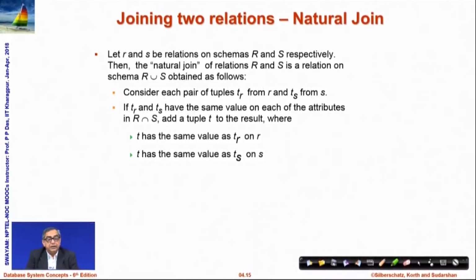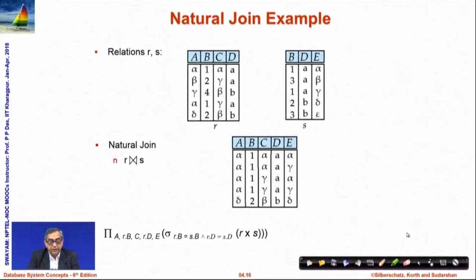There is a nice operation which is a derived one, which can be written in terms of other operations, called a natural join, which we will use very heavily. Let me first show you an example of that. Suppose I have two relations R and S, and what is important is that there are some attributes which are common between them.